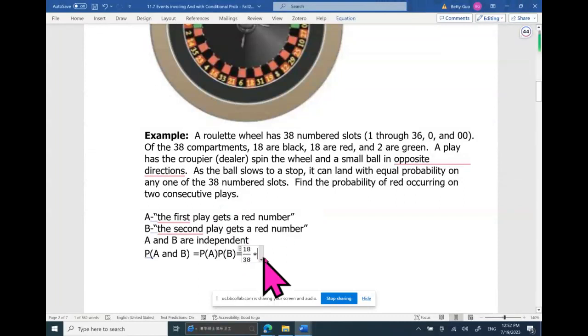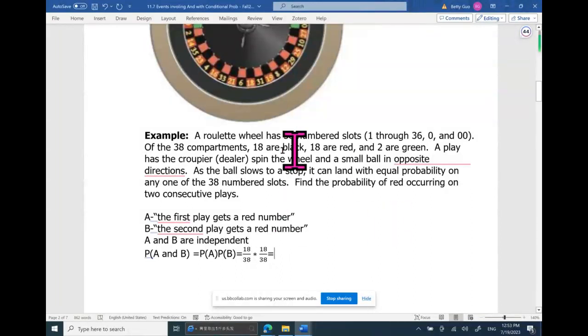My understanding, and I never play roulette, so I assume that before the second spin, everything goes back to the original position. If you know roulette very well and it's a different play method, let me know.